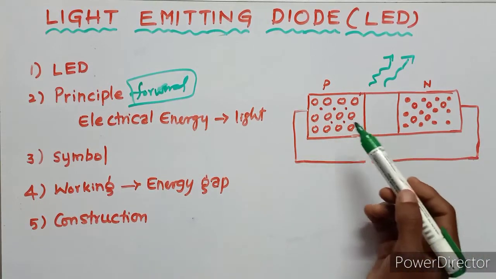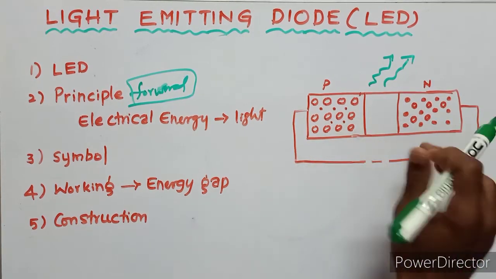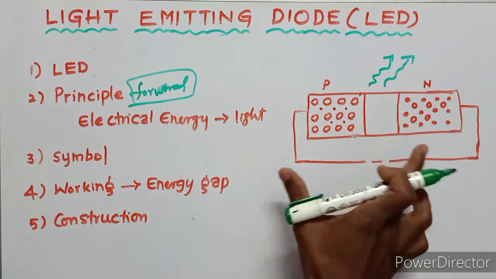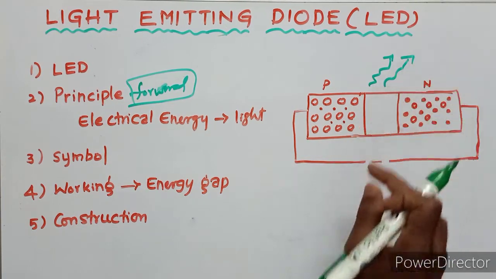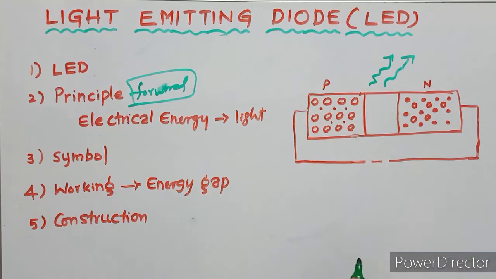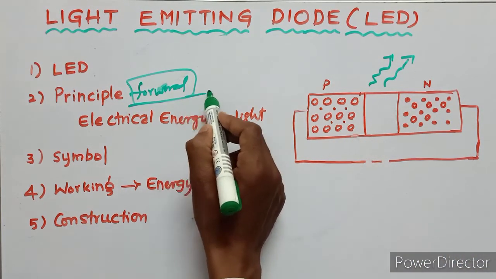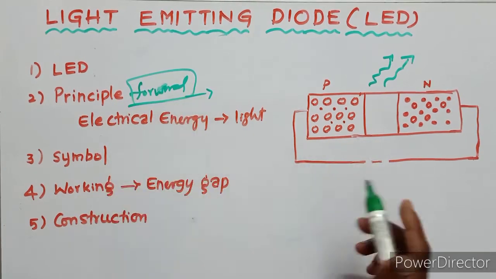You see this circuit, PN junction diode. If the current flows in the PN junction diode and the light emits, that is the light emitting diode. A very important point here is that the bias is forward bias.